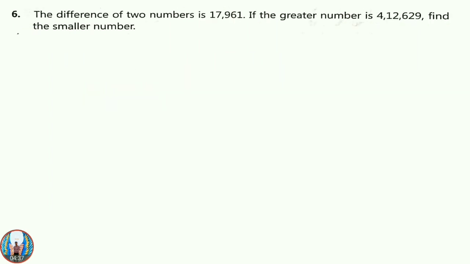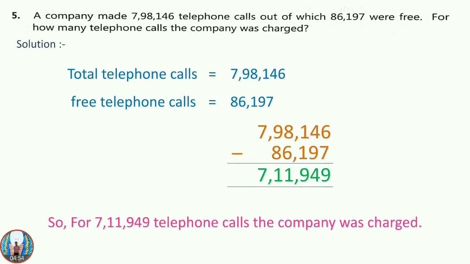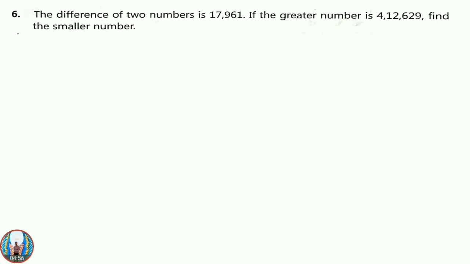Question number 6. The difference of two numbers is 17,961. If the greater number is 4,12,629, find the smaller number. It means the minuend is given and we have to find the subtrahend. So solution.